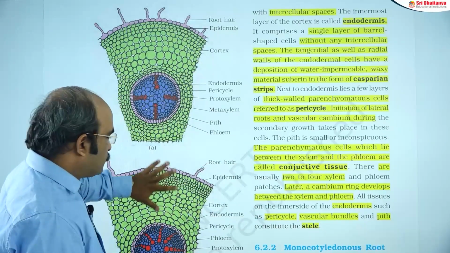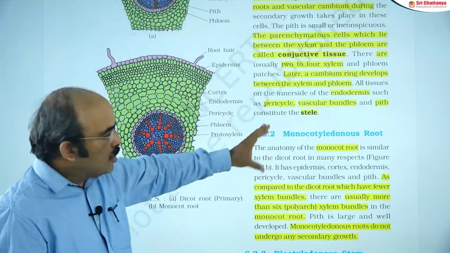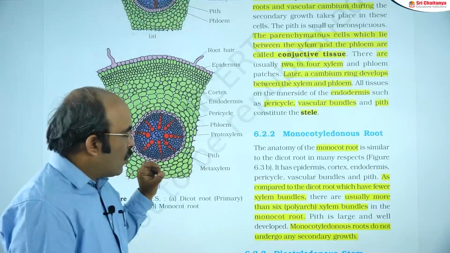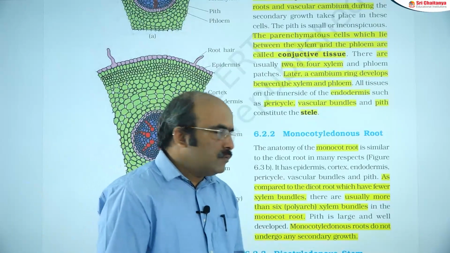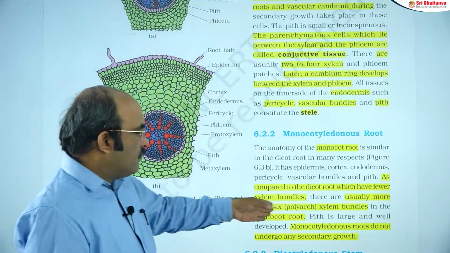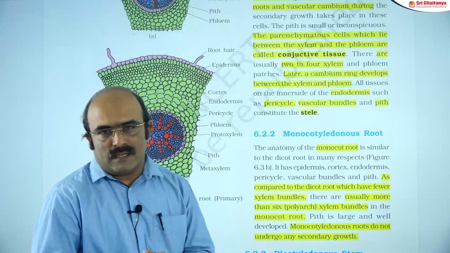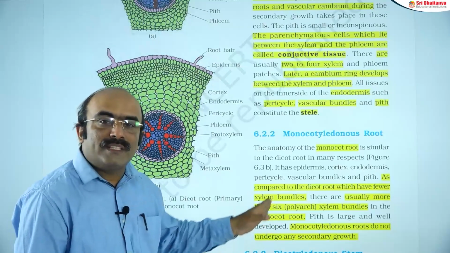Now if you observe the monocotyledonous root, the monocot root is more similar to the dicot root. But the prominent difference is that the dicot root has fewer vascular bundles, whereas here the number of xylem strands is more than 6.